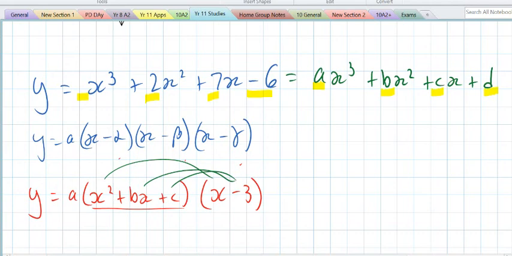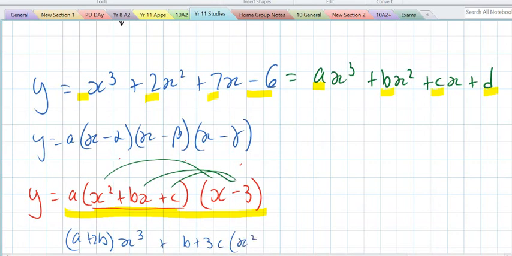So if you wanted to find this here exactly, you'd have to expand all of this out, and then you'd have a coefficient of x cubed, and that coefficient of x cubed would equal 1. So you might end up with a term like a plus 2b x cubed, when you take out a common factor of x cubed, plus b plus 3c x squared.